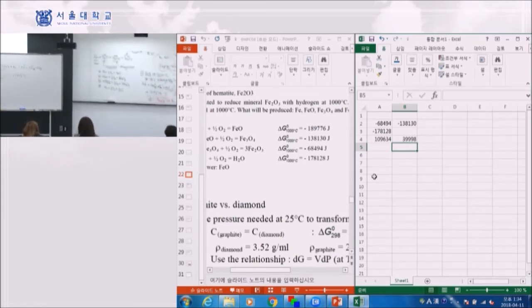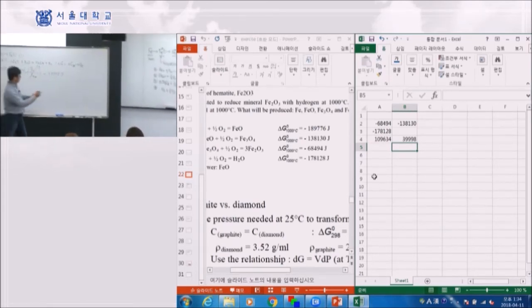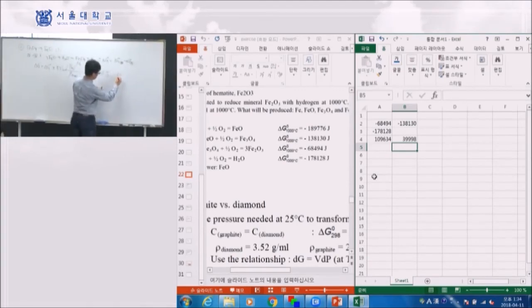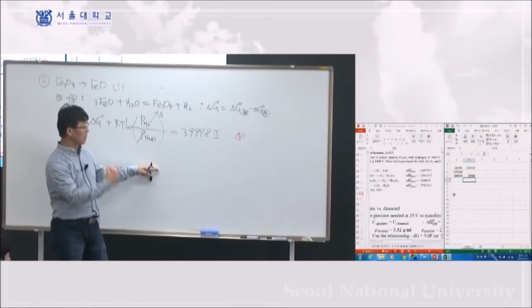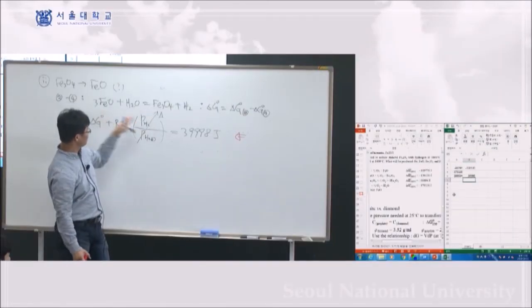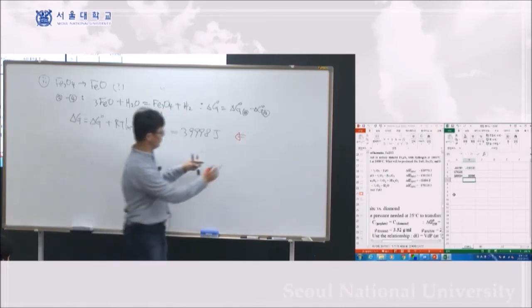So it's a positive. So it means I'll have backward reaction. Yeah. Delta G will tell you what's the direction of reaction. I'll have backward reaction. Backward reaction means Fe3O4 become FeO.